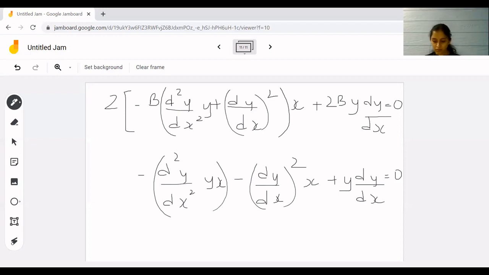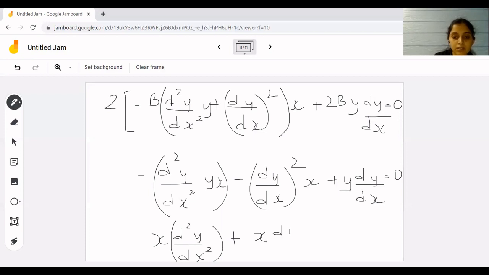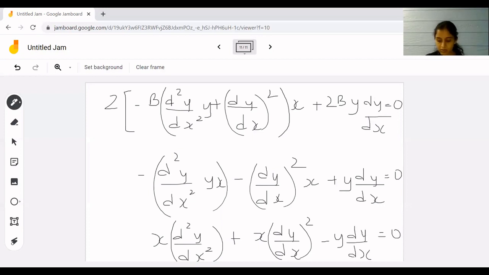Okay, you can remove the minus sign. So your final equation is xy d2y by dx square, okay, plus x dy by dx the whole square minus y dy by dx equal to 0. Okay, so that's how you would eliminate both the constants and get your answer.